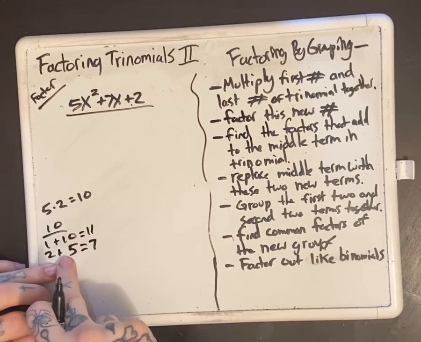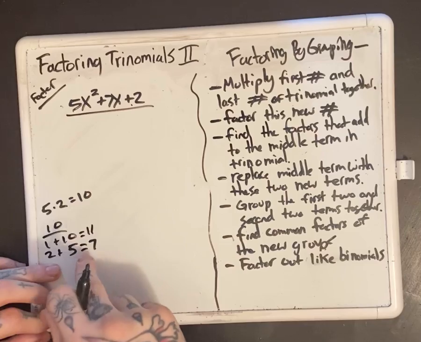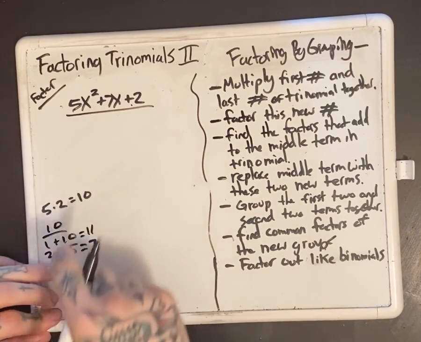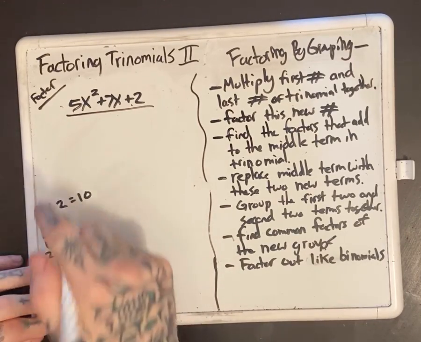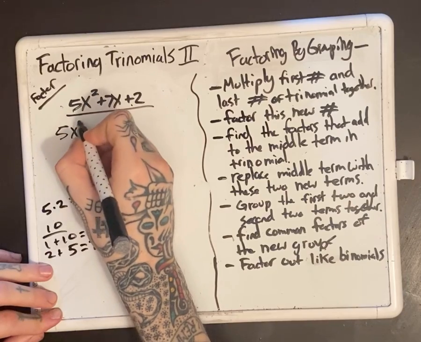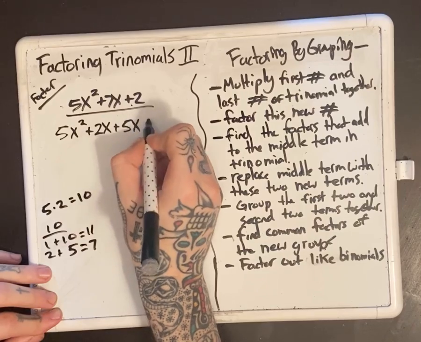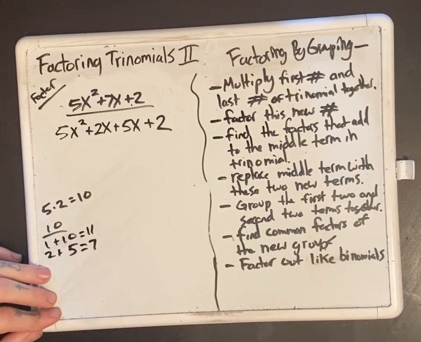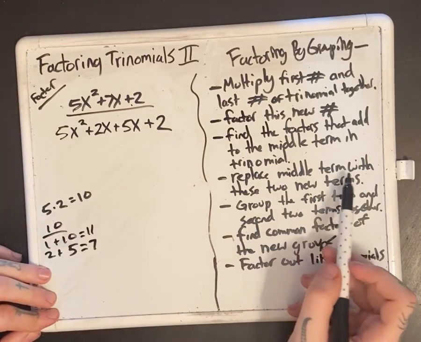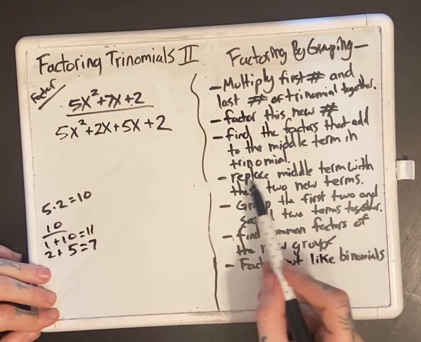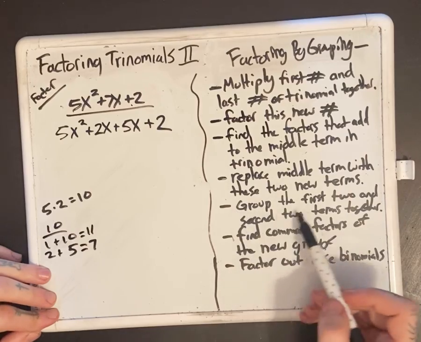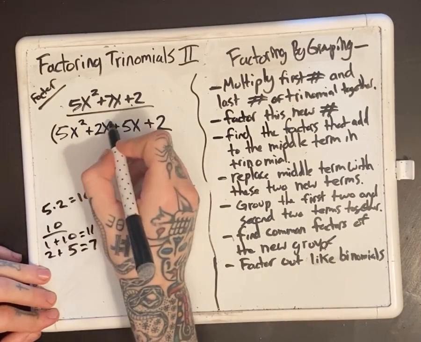So we found that adds to 7, so we're going to replace the middle term with these two terms. So 5x squared plus 2x plus 5x plus 2. Okay? And now we're going to group.